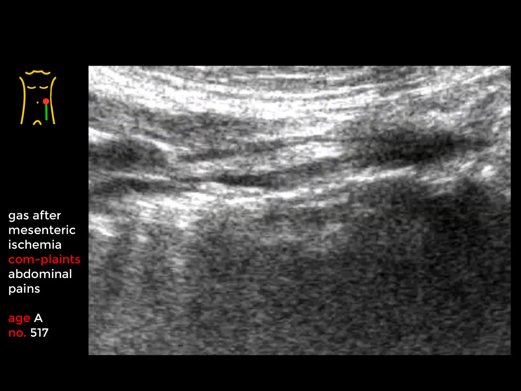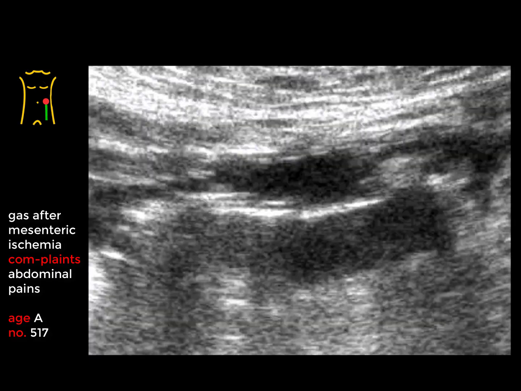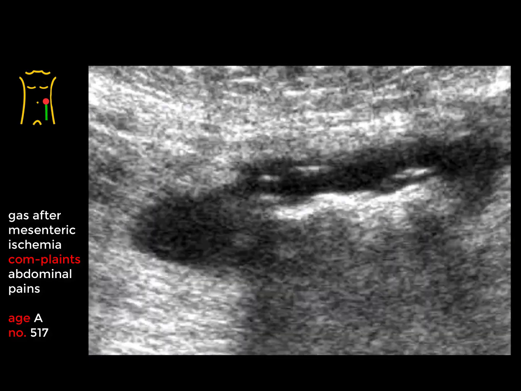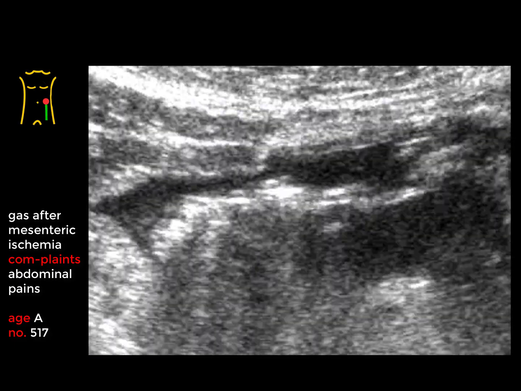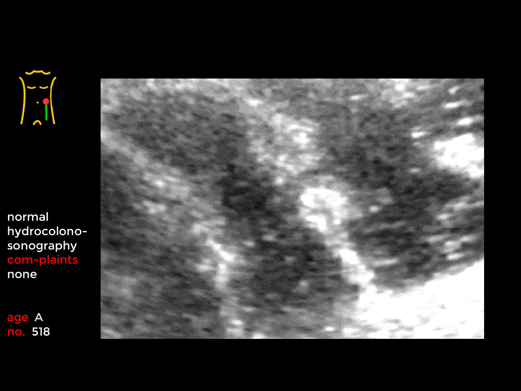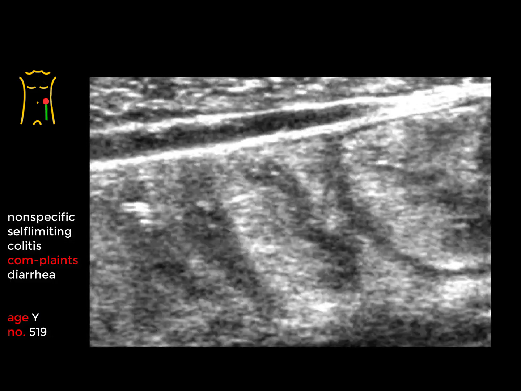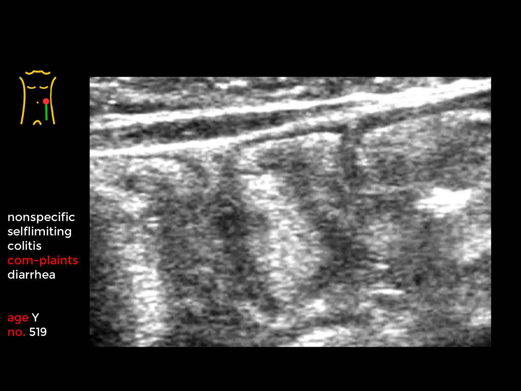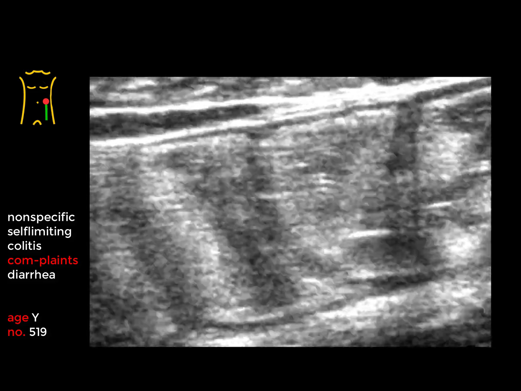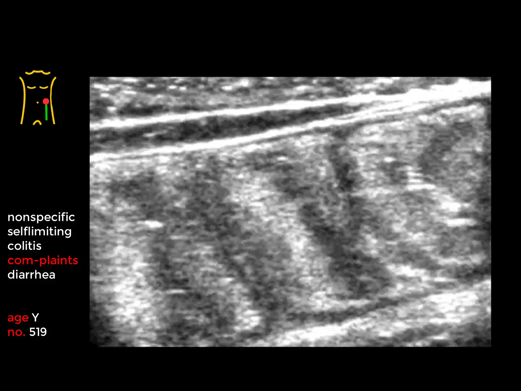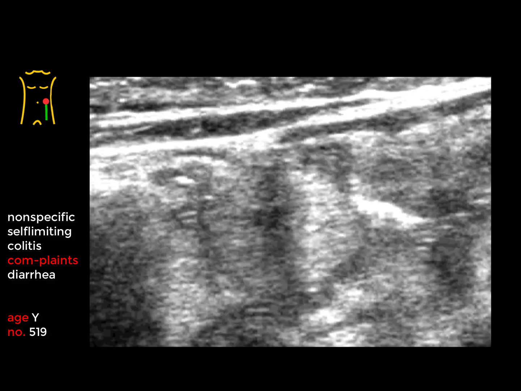Whereas in case 517, clinical history and further course were rather favoring an ischemic episode. Look at the large gut wall, normality in hydrocolonosonography at Limberg, and confer with the pathology in 519 with inflammatory swelling of the wall layers in ulcerative colitis.